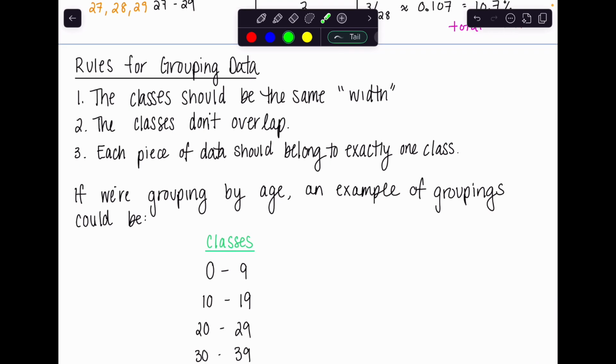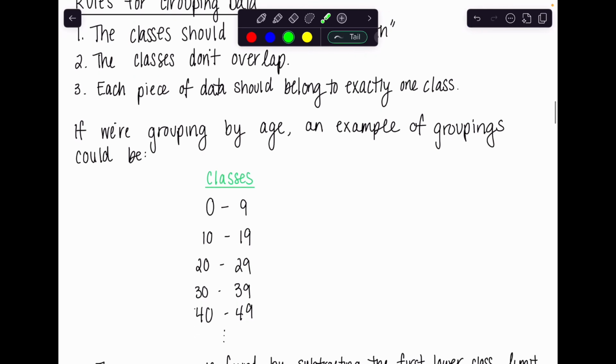So another example, if you're grouping data by age, you could use these as your classes. So 0 to 9 years old, 10 to 19 years old, 20 to 29, 30 to 39, 40 to 49. A common misconception with age data is they usually do like 0 to 10, 11 to 20, 21 to 30.